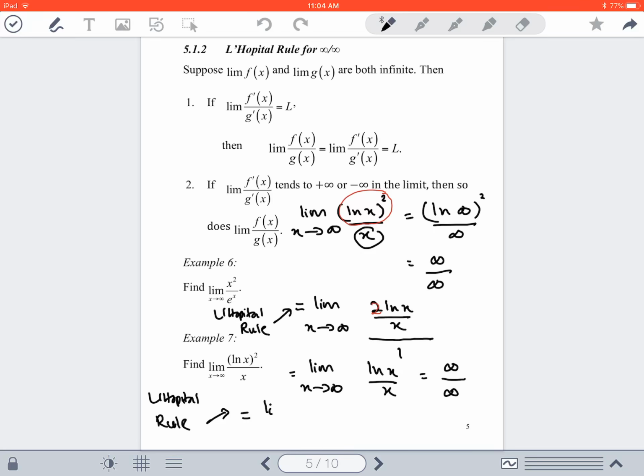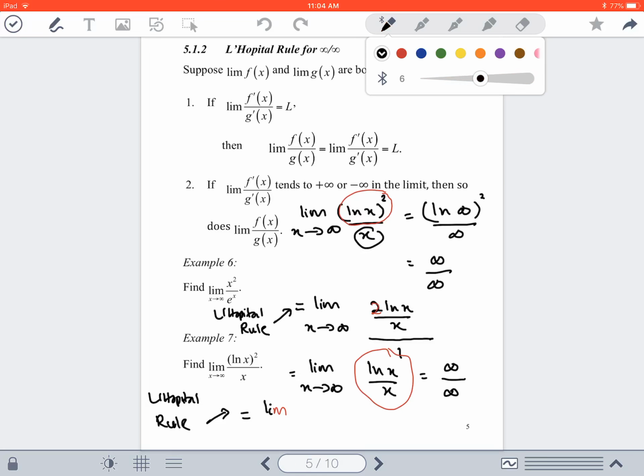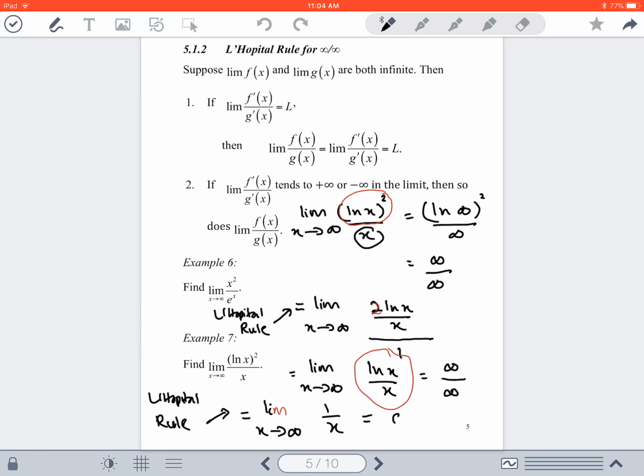Differentiate the new version of your expression. The limit as x approaches infinity: differentiate ln x, you get 1 over x. Differentiate x, you get 1. Then you substitute the value, 1 divided by a very large number, and the answer is approaching 0.